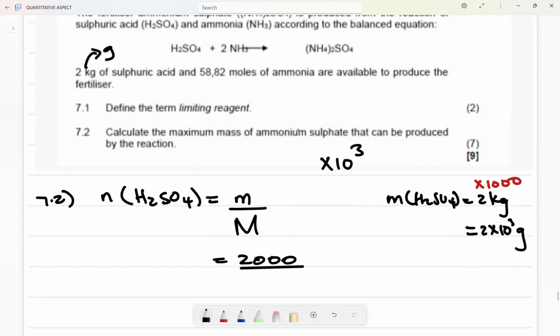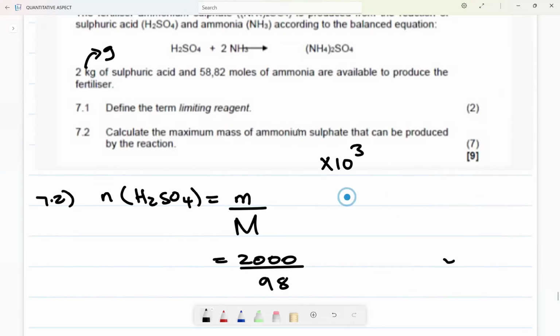So mass 2,000 grams divided by the molar mass of H2SO4. The molar mass of H2SO4 is going to be 2 multiplied by 1, plus sulfur, which is 32, plus 4 into 16. Then I get 64 plus 32 plus 2, which is 98. You should be in a position of knowing that.